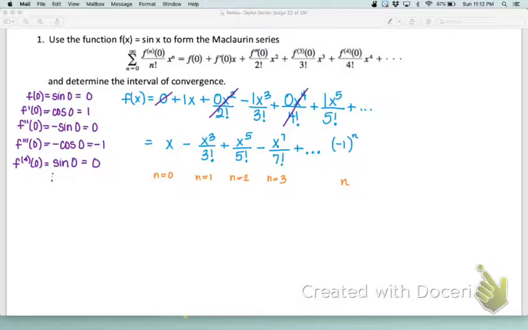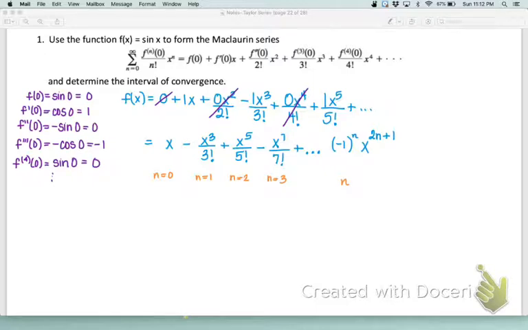Okay. Now, I noticed that the powers are all odd numbers. So hopefully you recognize the pattern for odd and even numbers. Even numbers are 2n, odd numbers are 2n plus 1. So the power here is going to be x to the 2n plus 1 power. That's how we get odd numbers. So let's double check.